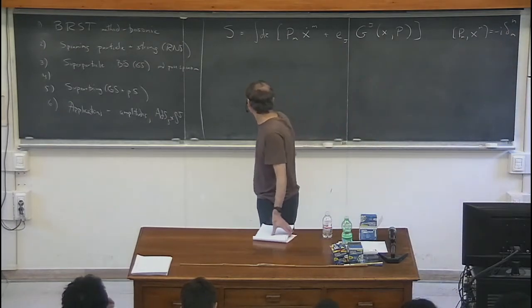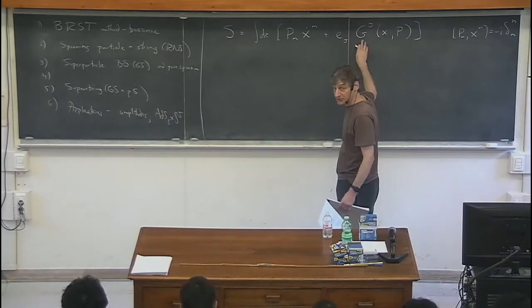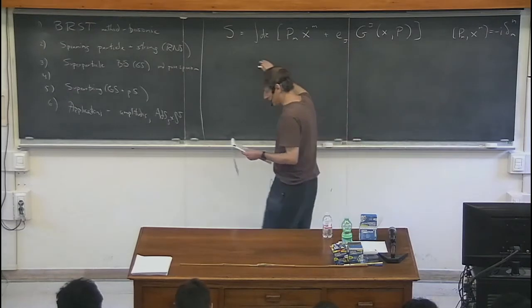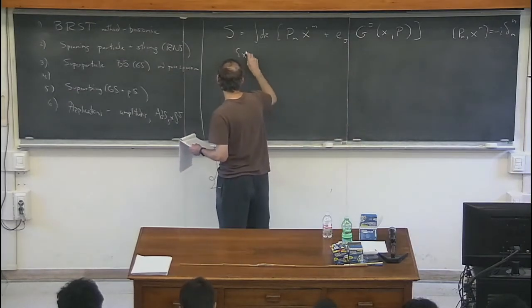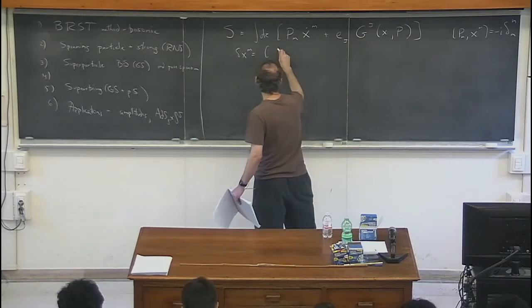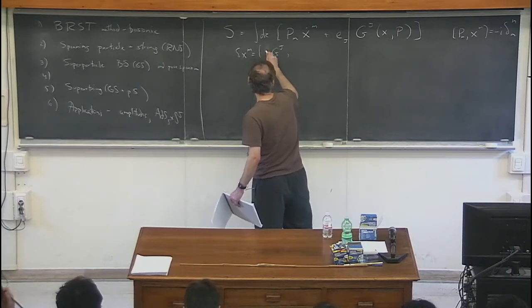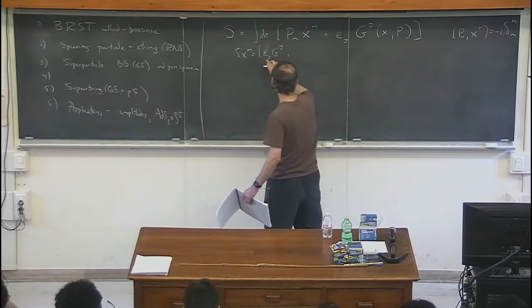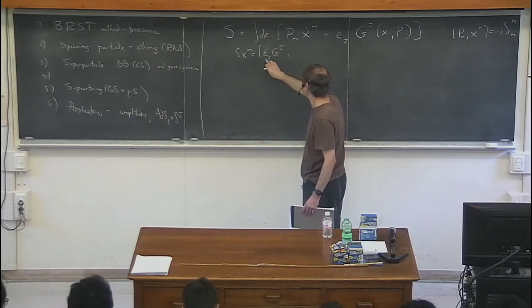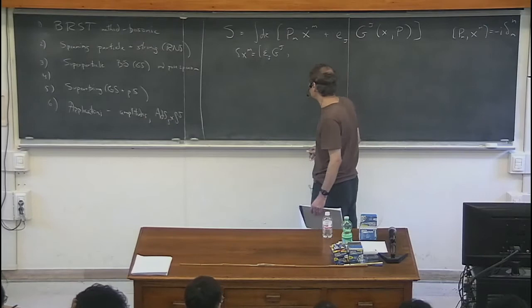And then you can show that if these are first-class constraints, they generate gauge symmetries. So the gauge symmetries are generated by commuting G. So for each constraint, I have a gauge symmetry. So J goes over all the constraints, let's say from 1 to n.